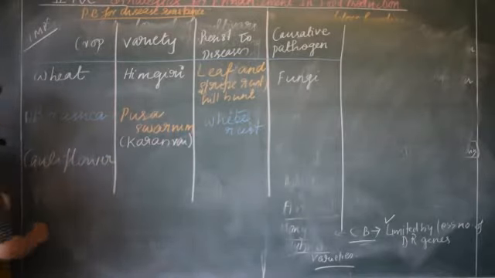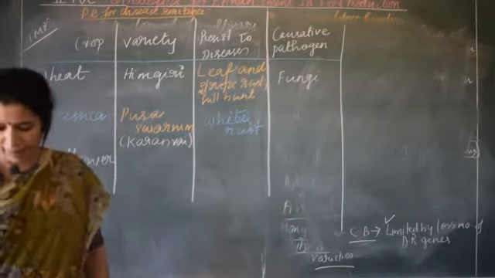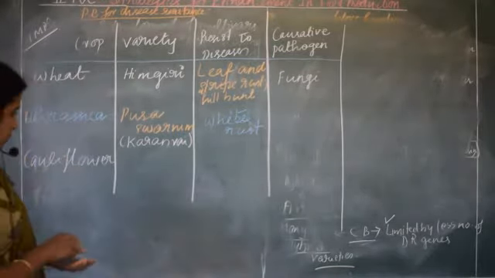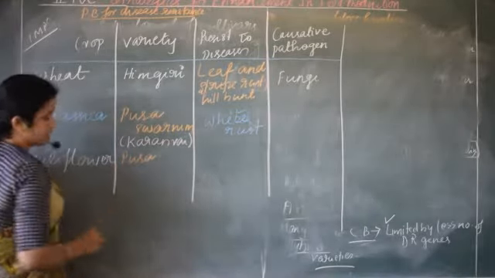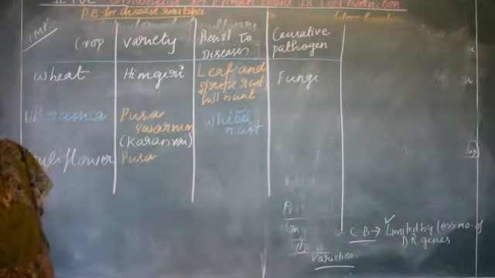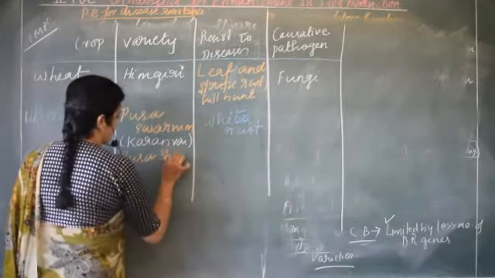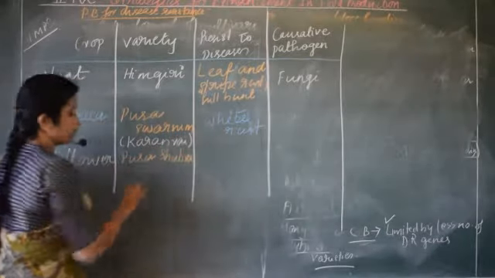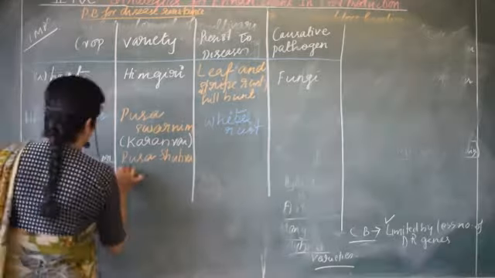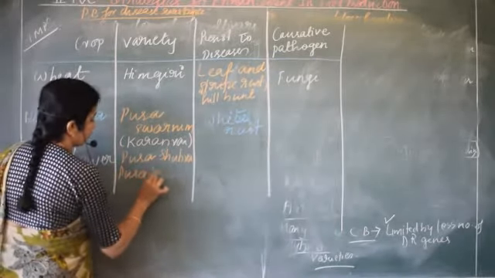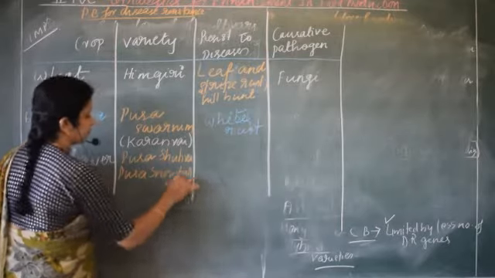Next crop is cauliflower. Cauliflower, all of you like it, right? Gobi manchuri. The variety names are Pusa Sadabahar, Pusa Shubra, and Pusa Snowball K1.